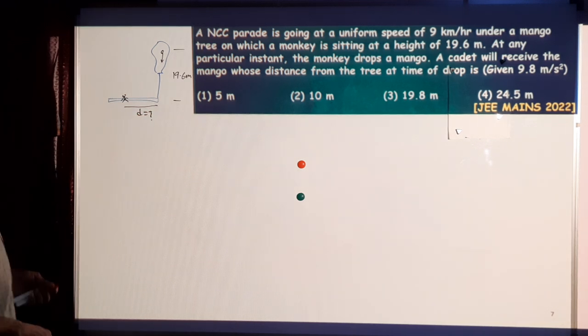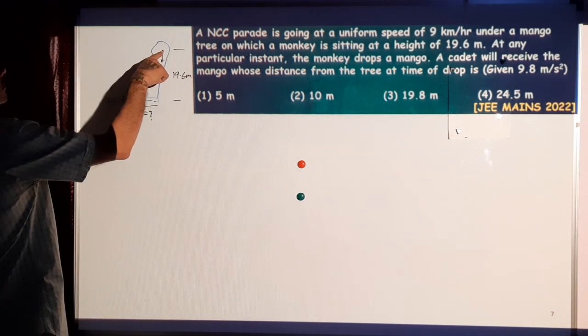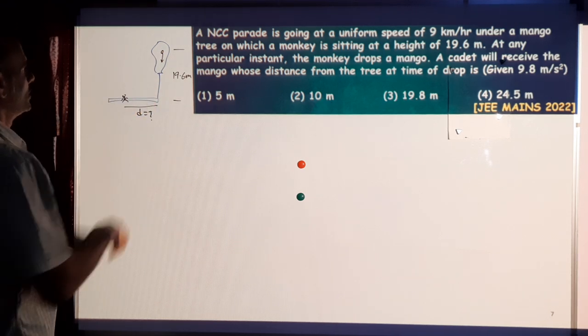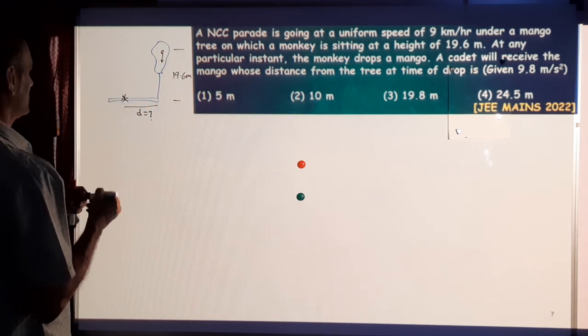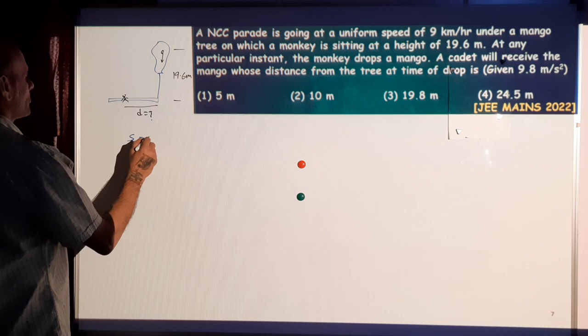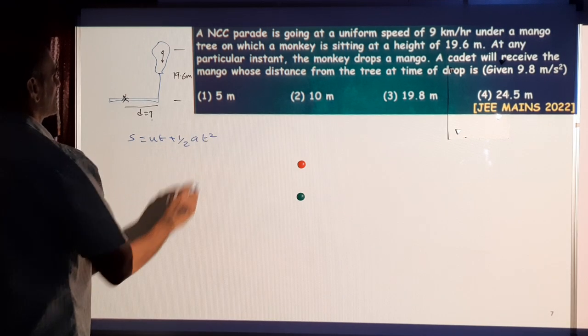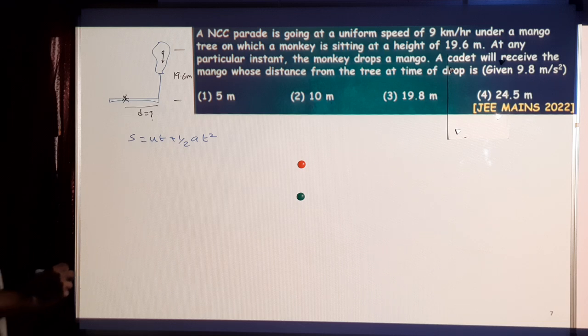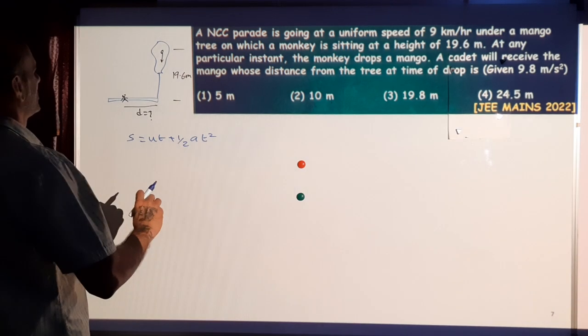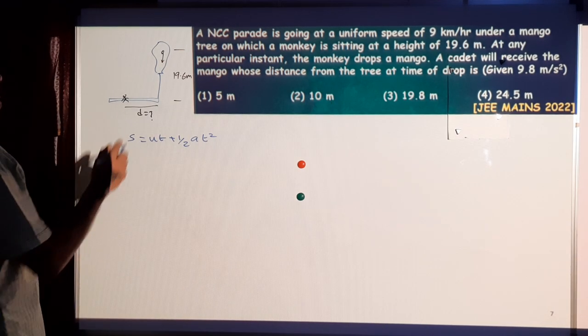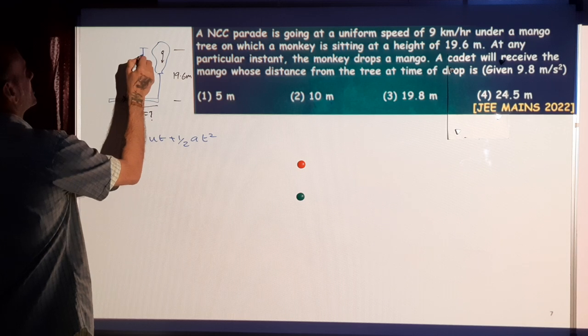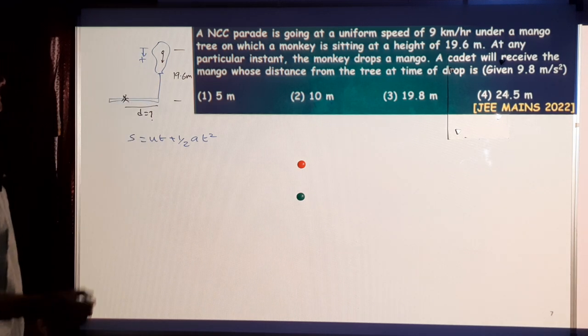Straightforward question. Find the time taken for the mango to drop from here to here. U is 0, S is known. So S equal to ut plus half a t square. I'll take this as origin and the downward direction as positive.